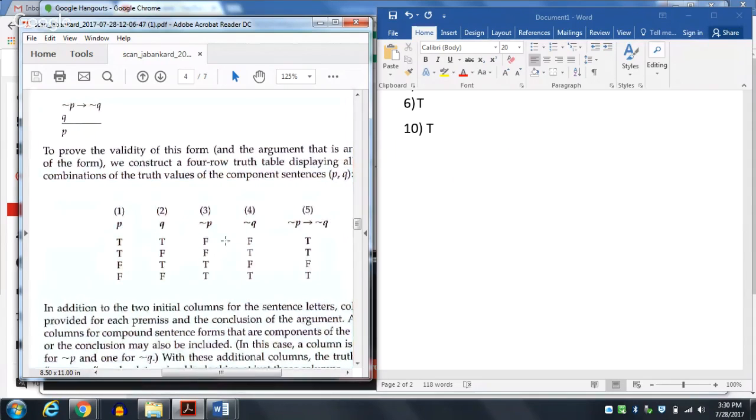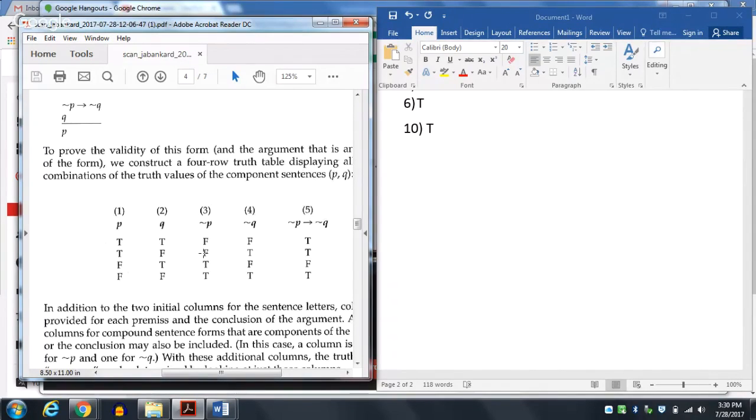If Q is true, not Q is false. What about if not P, then not Q? Well, not P is false. Not P is the antecedent. If you have a false antecedent in a conditional, it's automatically true. Boom, you're done with row 1.